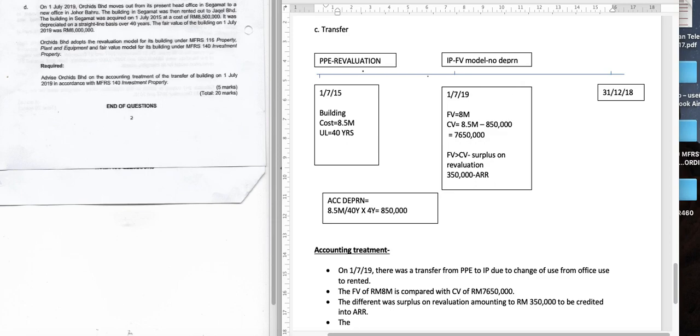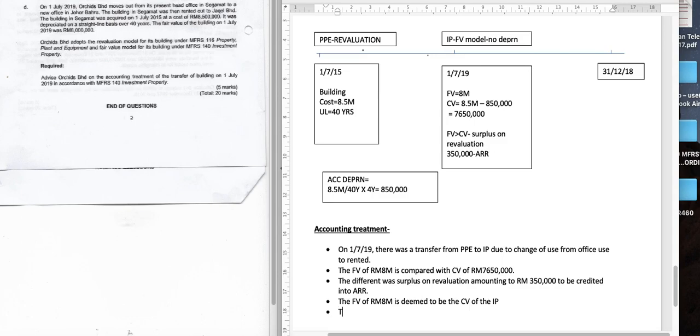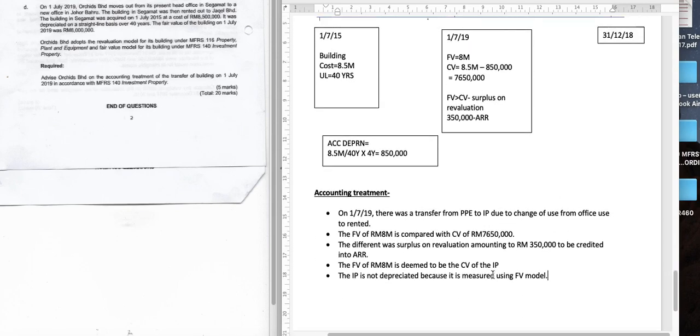The fair value of RM8 million is deemed to be the carrying value of the IP. The IP is not depreciated because it is measured using fair value model. Okay, that's it for that. Thank you.